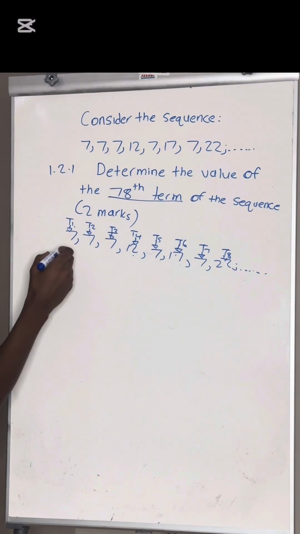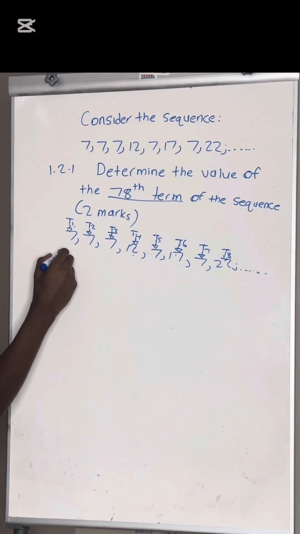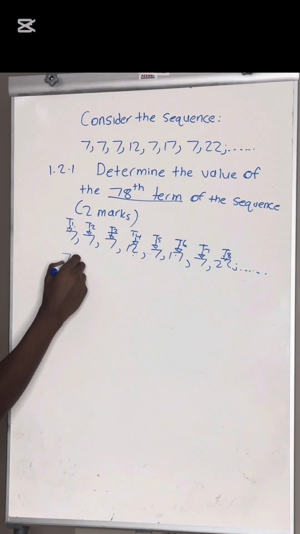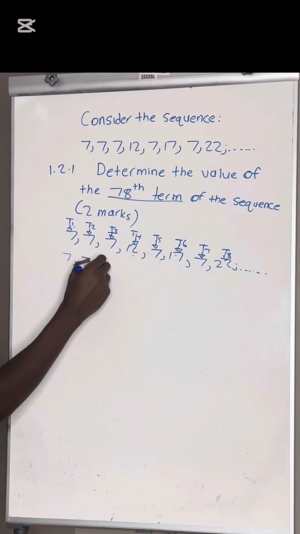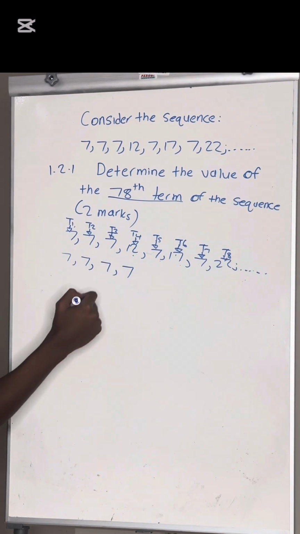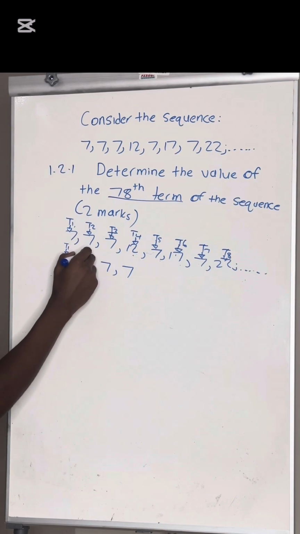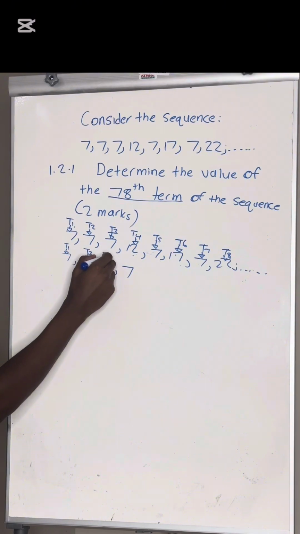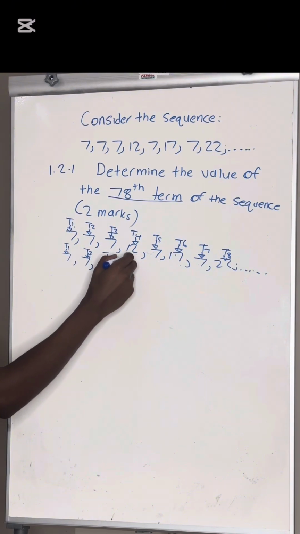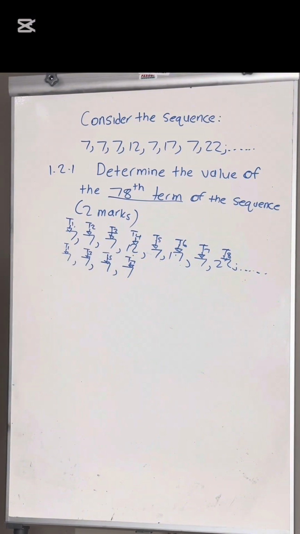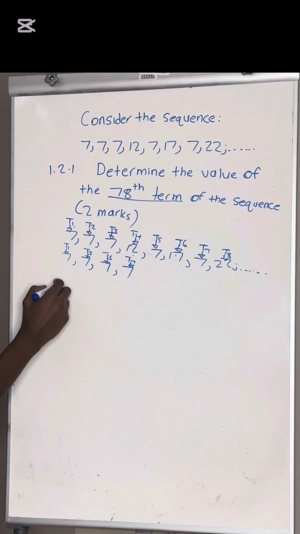So let's look at the first sequence, which says 7, 7, 7, 7, which is our term 1, term 3, term 5, and term 7. Now let's look at the remaining ones, which is term 2.